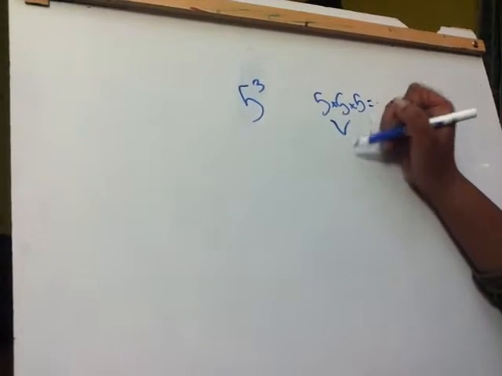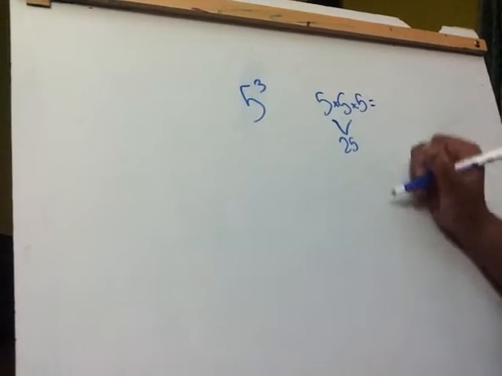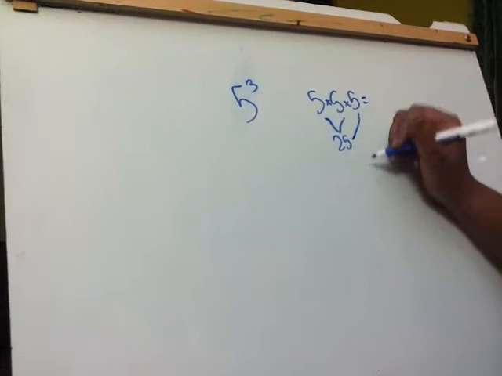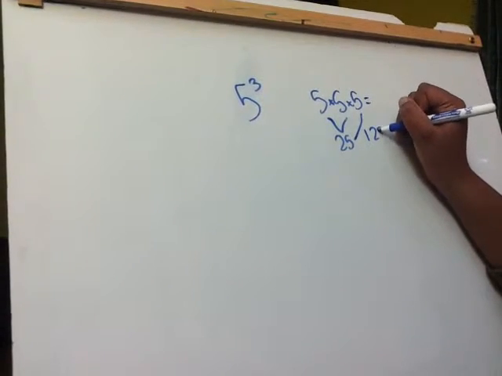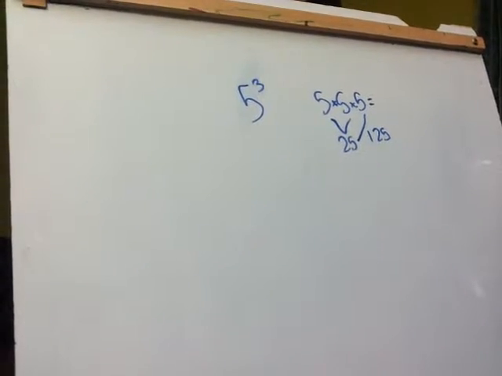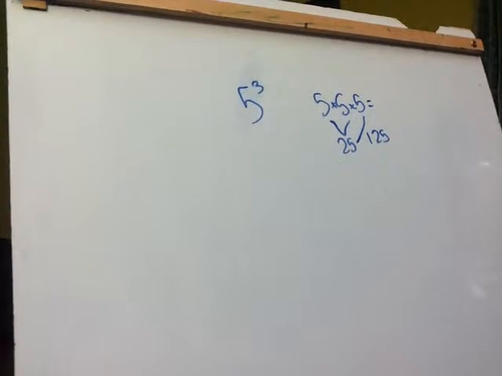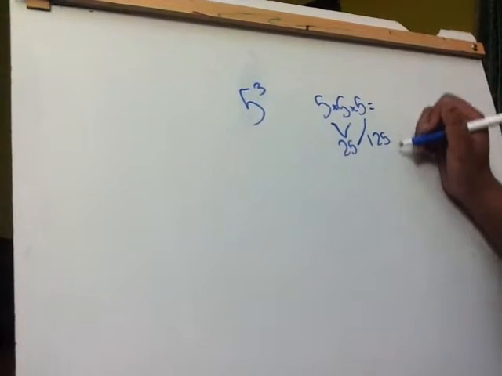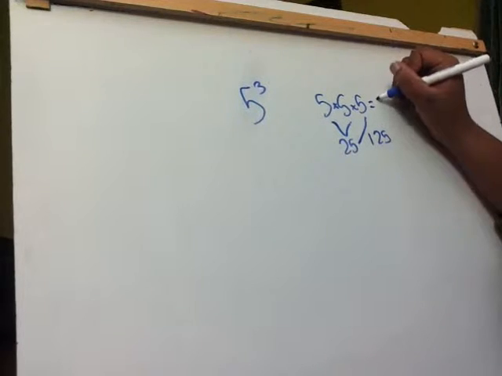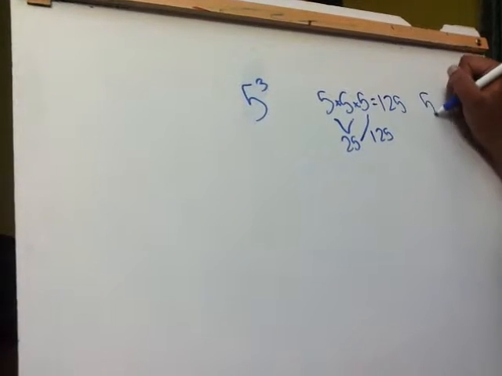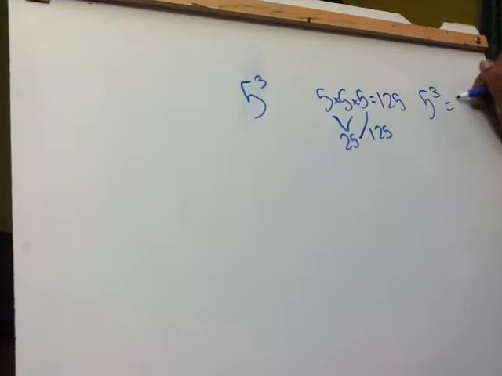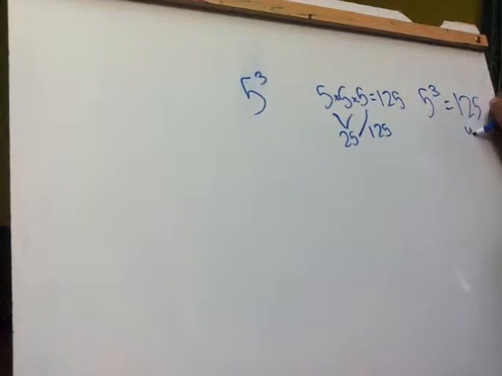Now we know 5 times 5 is 25, and 25 times 5 is 125, because 25 times 4 is 100, and add another 25 is 125. So the answer is 125. Therefore, 5 cubed equals 125 whatever units.